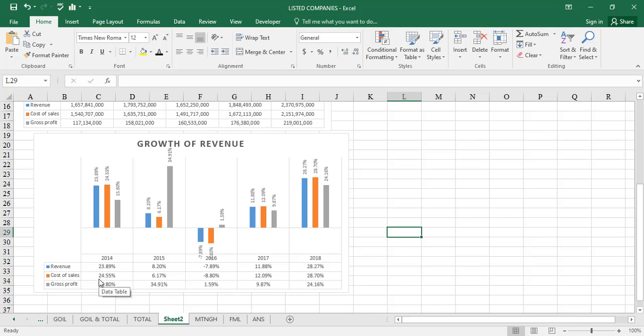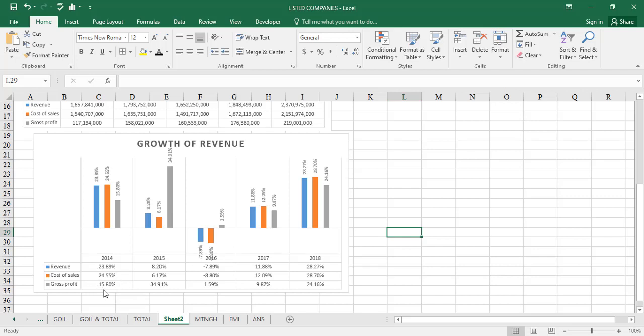Alright, so cost of sales growth in 2014 stood at 24.55%, and in 2016 it declined by 8.8%, just as when revenue was declining by 7.89%. Now in 2018 the cost of sales also increased by 28.7%, just when revenue increased by 28.27%.